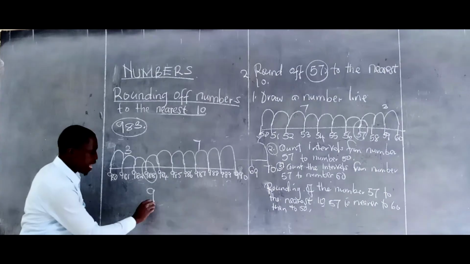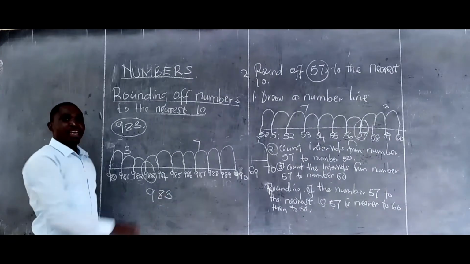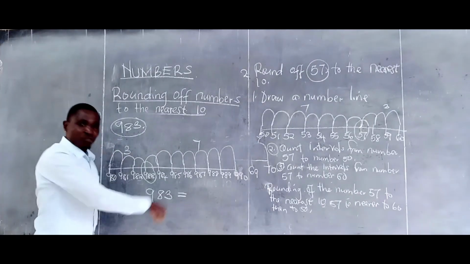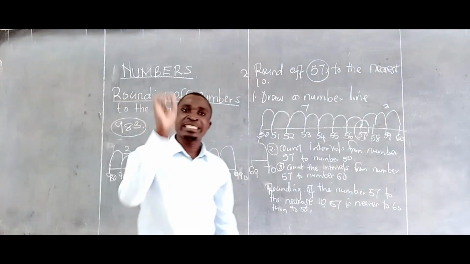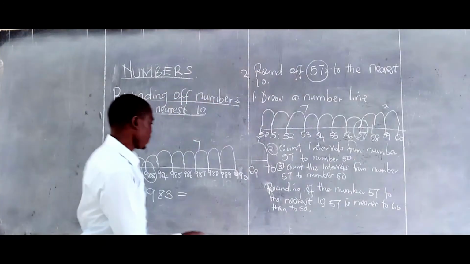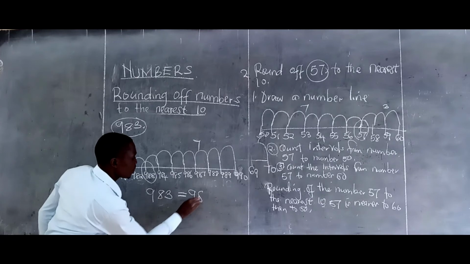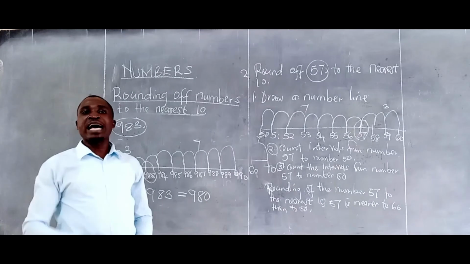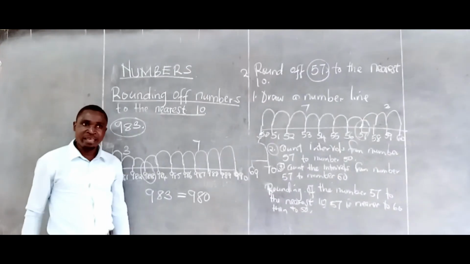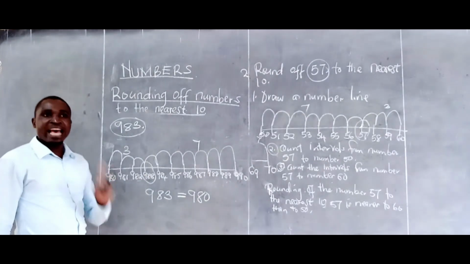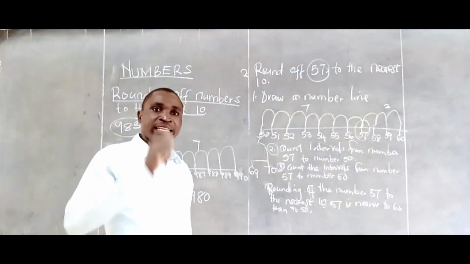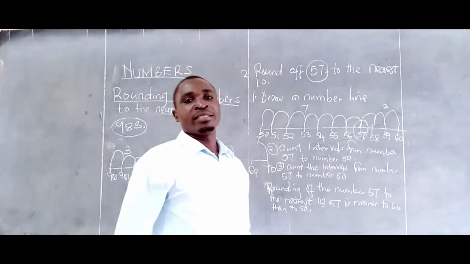Therefore, 983 rounded off to the nearest tens becomes 980. Why? It is nearer to 980 than 990. Right?